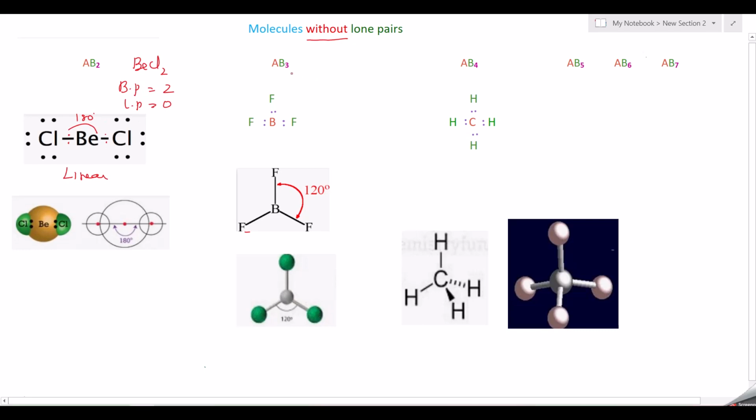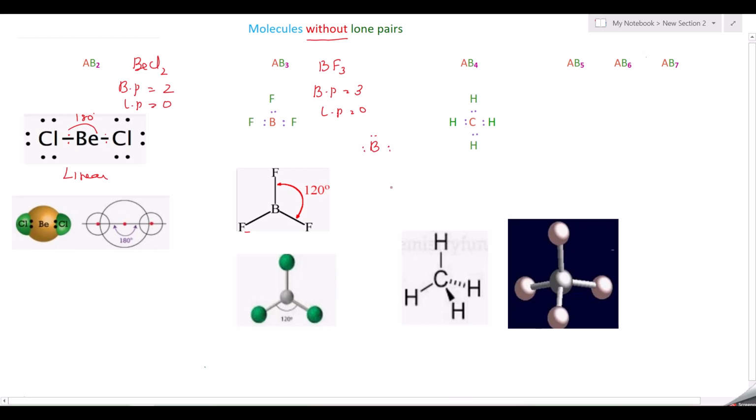Next we'll go to AB3. An example is boron trifluoride, where boron is the central atom. Three fluorine atoms are covalently bonded to boron. Therefore, the number of bond pairs is 3, and there is no lone pair. These three bond pairs will occupy positions around boron in such a way as to have minimum repulsion.